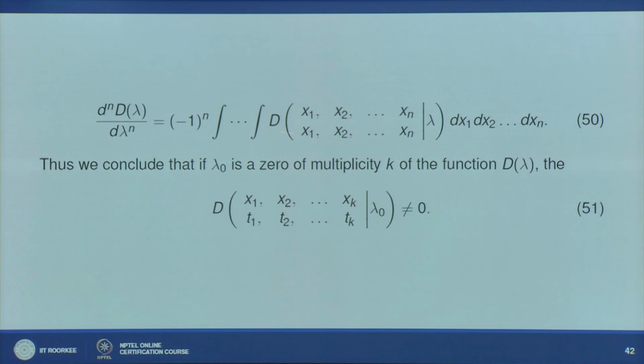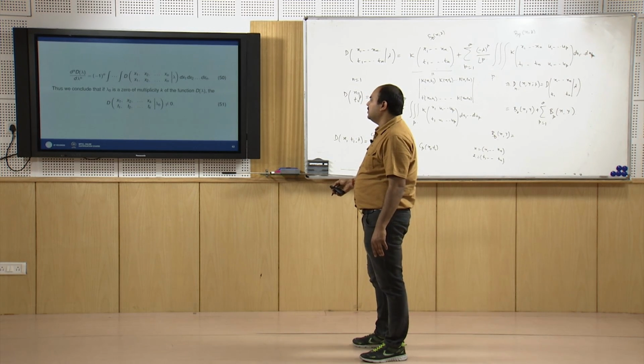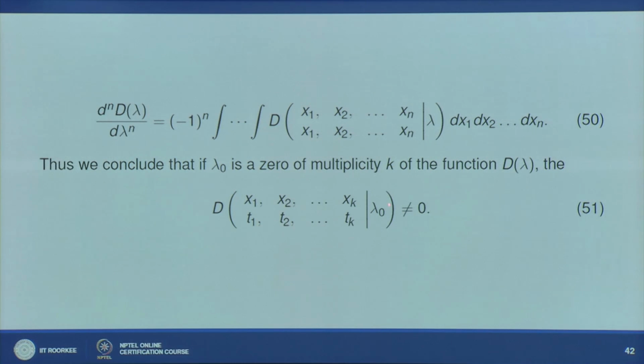We say that if lambda naught is a zero of multiplicity k of the function D lambda, then D k at lambda naught is non-zero. So it means that with the help of this equation number 50, we can say that the kth Fredholm minor, that is D x1 to xk, x1 to xk, t1 to tk, given this lambda naught, is not equal to 0.